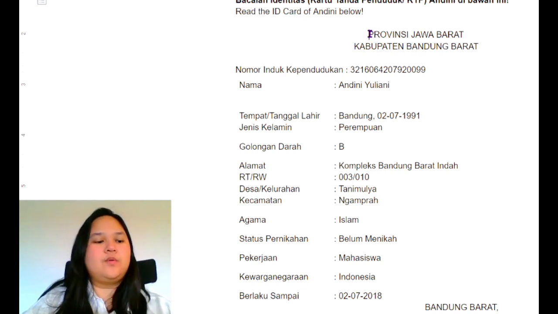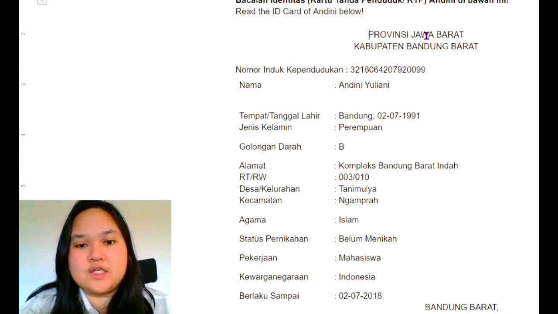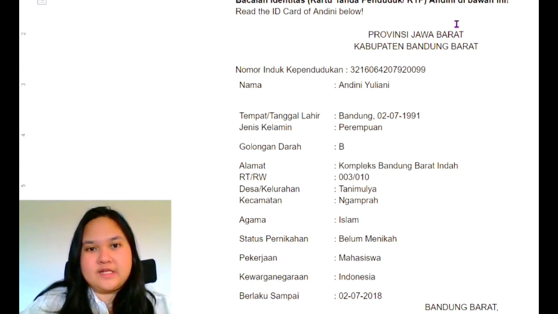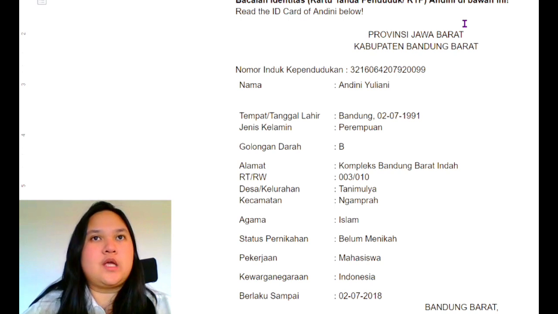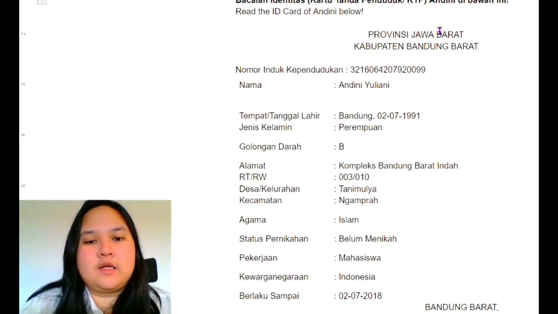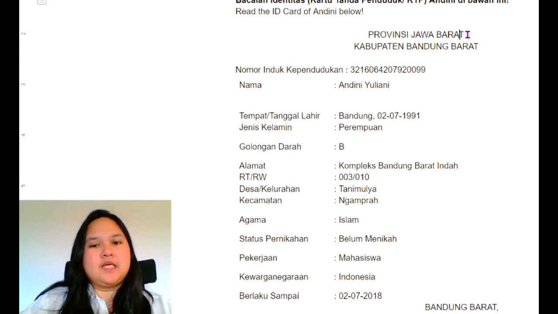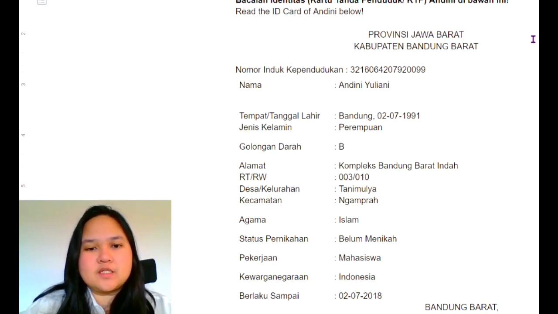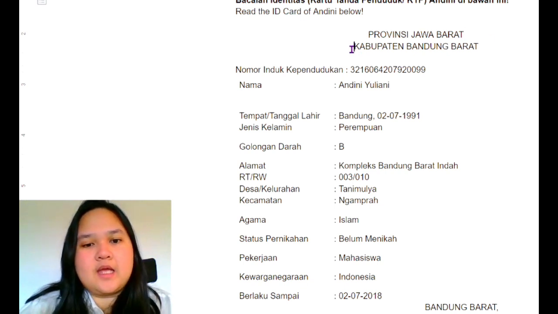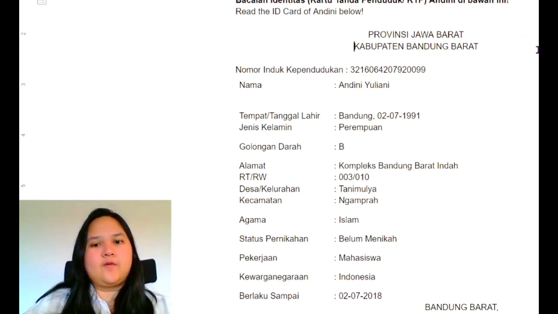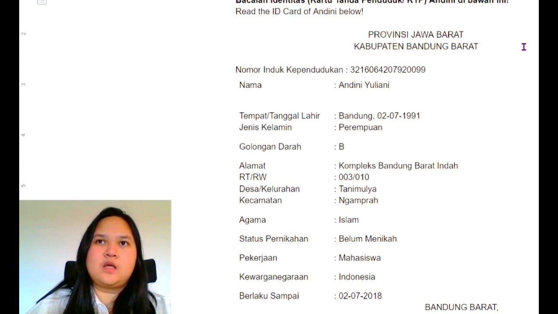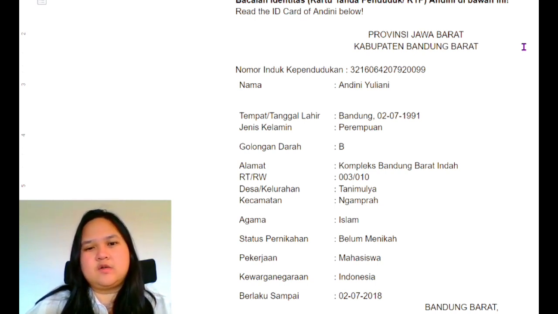As you know from the earlier introduction, we have 34 provinces in Indonesia. So one of the province names is Jawa Barat, which means West Java. So it's the province of West Java, and kabupaten is under the province, so it's like a county.